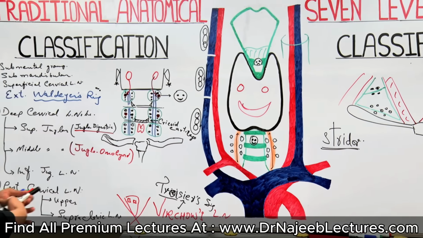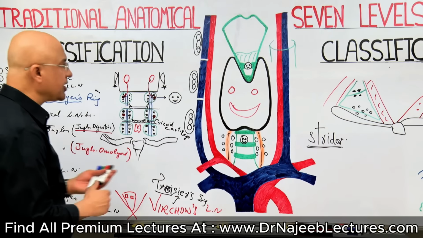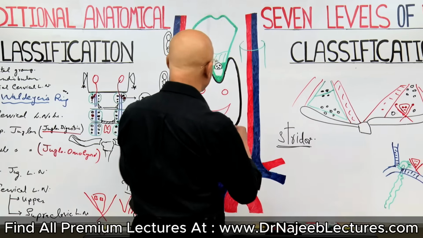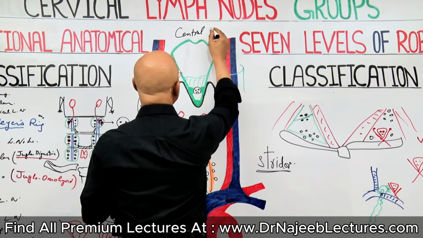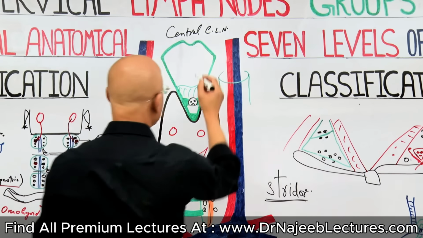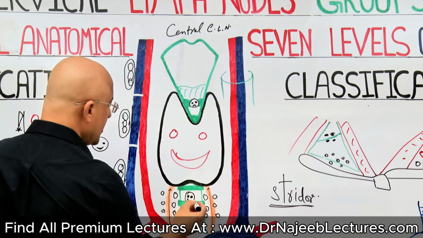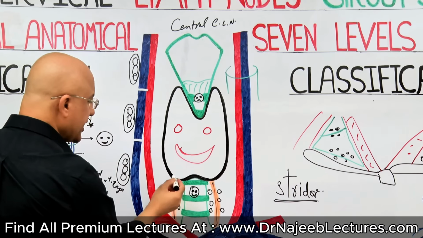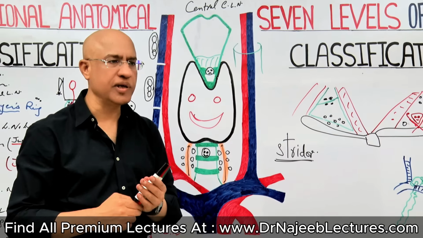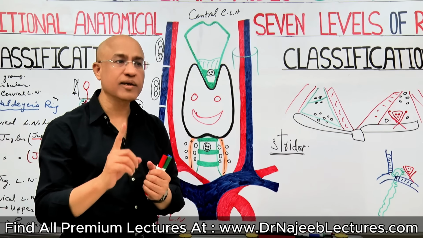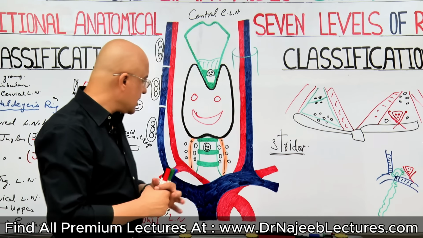Central cervical lymph nodes. There's no place here, okay, we can write it here. Here I put central cervical lymph nodes: prelaryngeal, pretracheal, paratracheal, and the paratracheal are in very intimate relation with the recurrent laryngeal nerves, right?